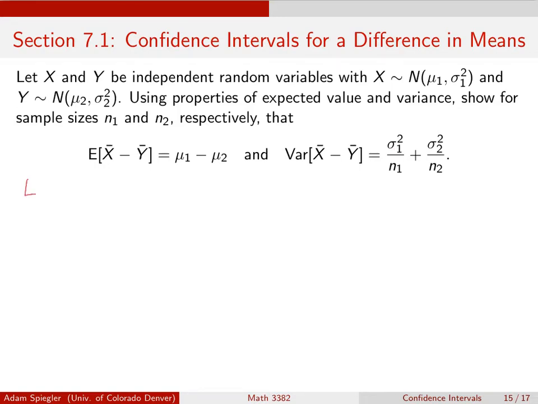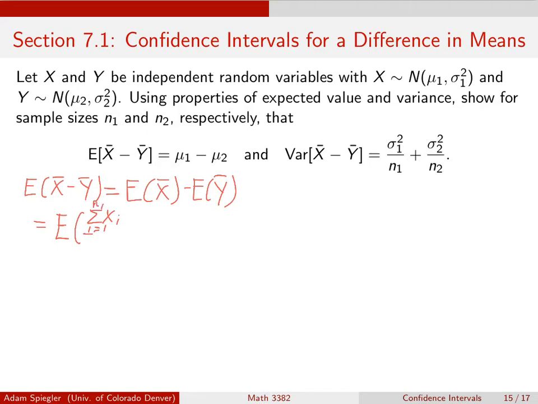So for the expected value, this is going to follow something similar to what we've done. I want to calculate the expected value of this difference. Because these are independent, I can split this up into the expected value of x bar minus the expected value of y bar. We know what each of those are, but just for the sake of being detailed here, x bar would be the sum of the xi's from 1 up to n1, all divided by n1.